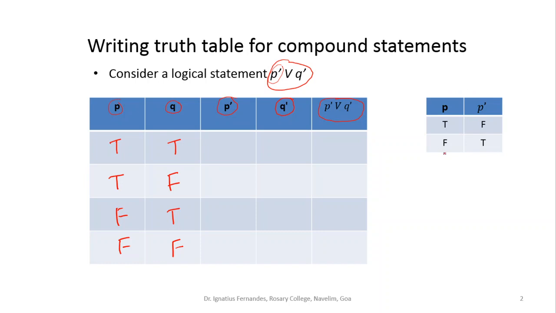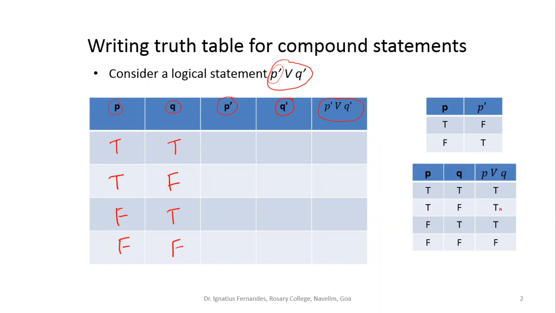So this is the truth table of NOT that I've highlighted here, but in your mind you should always know these truth tables. If not, then revise those truth tables first and then come back to this example. The same way I will also need the truth table for OR. So I should have in my mind the truth values in case we have an OR connecting. And this is the truth table that we wrote earlier for OR.